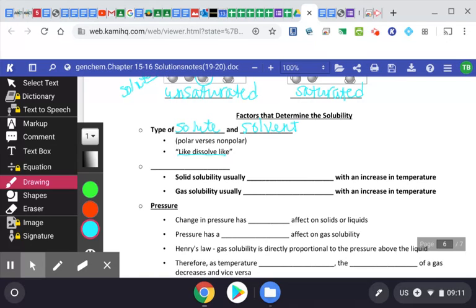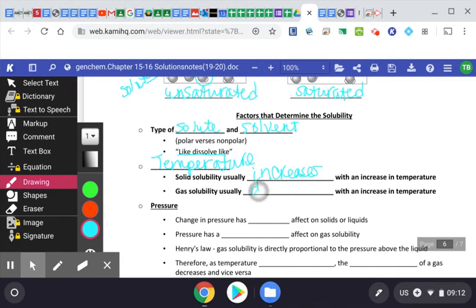The next factor that affects solubility is temperature. Solid solubility usually increases with an increase of temperature. As you heat up a solution, it's able to hold more solute. Gas solubility, however, is opposite.